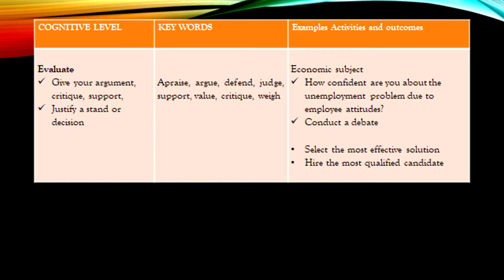Keywords: appraise, argue, defend, judge, support, value, critique, and why. Here are some useful activities to develop thinking at the evaluation level. Try the following activities after you have finished reading a story or topic. This level provides students with the opportunity to generate opinions based on rational decisions.